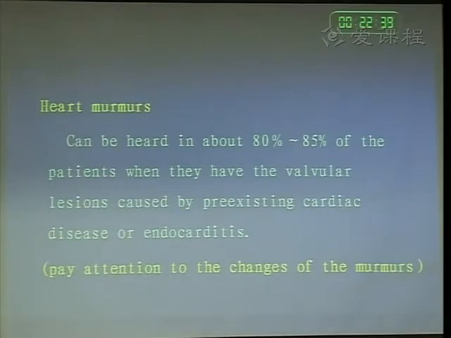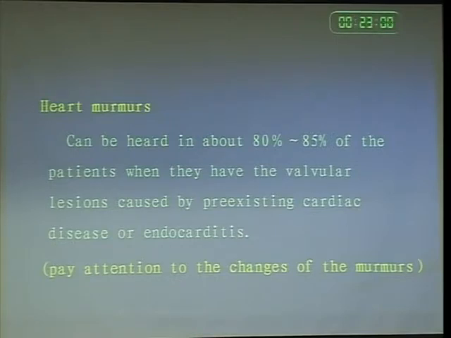The second symptom is the heart murmurs. Heart murmurs can be heard in about 80% to 85% of the patients when they have the valvular lesion caused by the pre-existing cardiac disease or endocarditis.